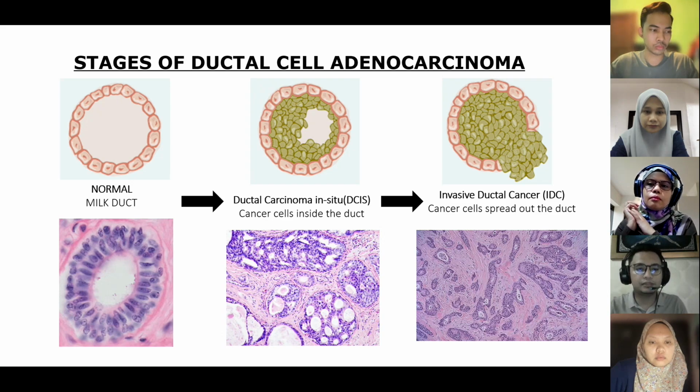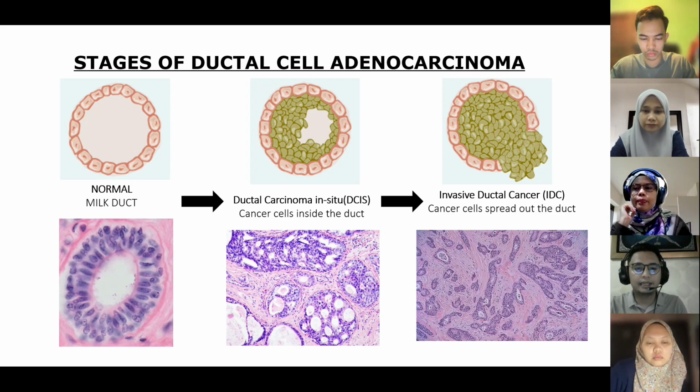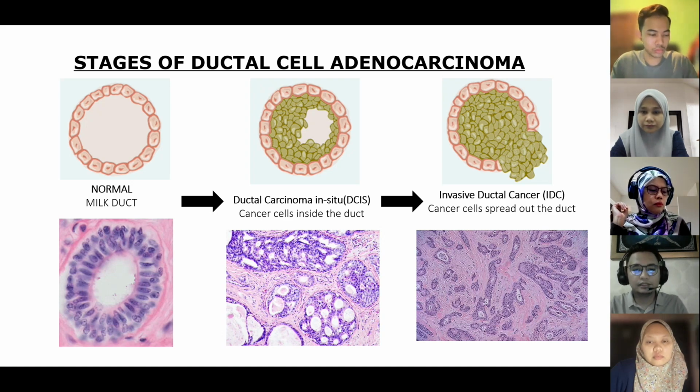Number 2 is ductal carcinoma in situ, DCIS, cancer cells inside the duct. So we can look at the difference between cancer cells and normal cells here. And the third one is invasive ductal carcinoma, IDC, where cancer cells spread out of the duct. In other words, they spread everywhere. Okay, next one.